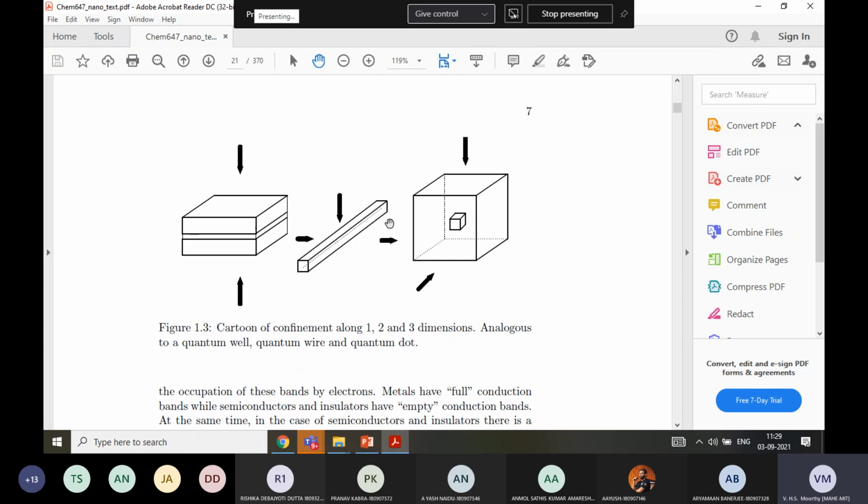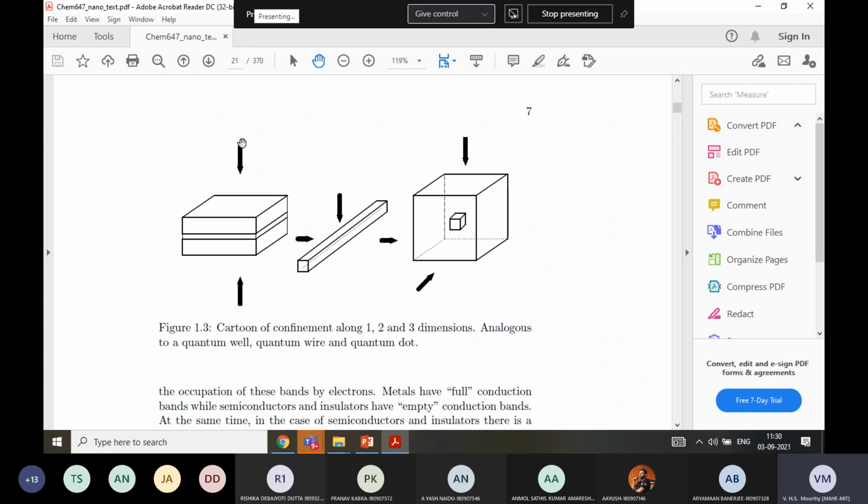What is an example of this? In the previous PPT you saw nanorods or nanowires, or a system in which atoms are arranged in a line. All these are called one-dimensional structures.